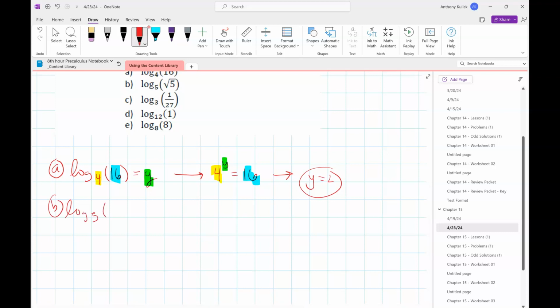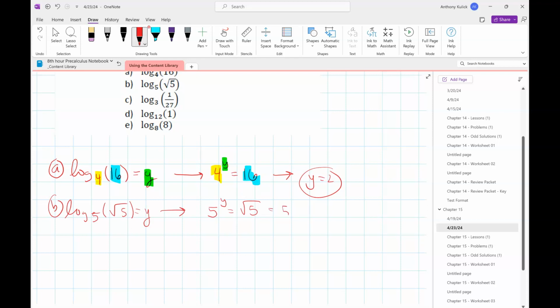So here we have log base 5 of the square root of 5. Again, I'm going to write that equal to y. So what power of 5 is equal to the square root of 5? 1/2.